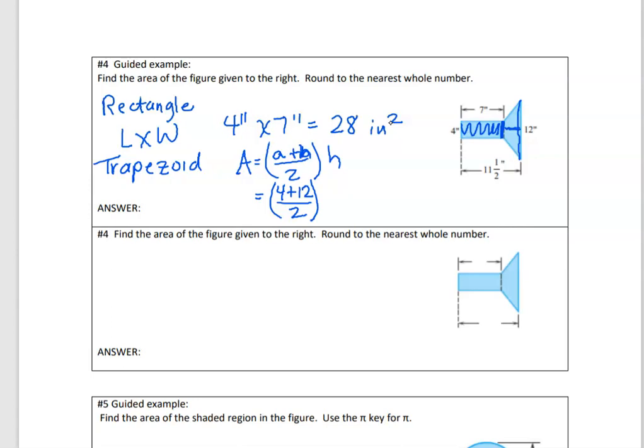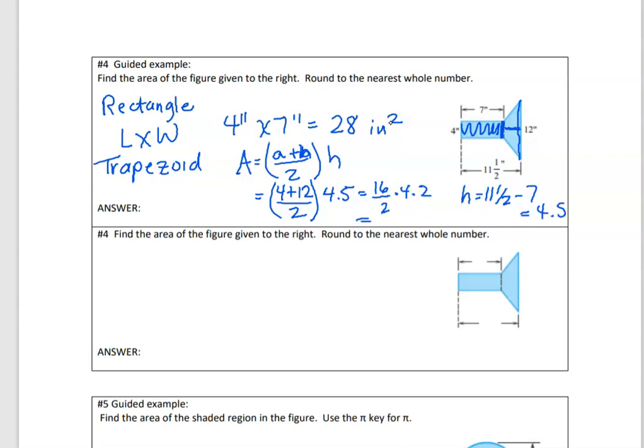So to find the height, I want to take 11.5 minus 7, and that's going to get me 4.5. Okay, so 4 plus 12 gets me 16 divided by 2 times 4.5.